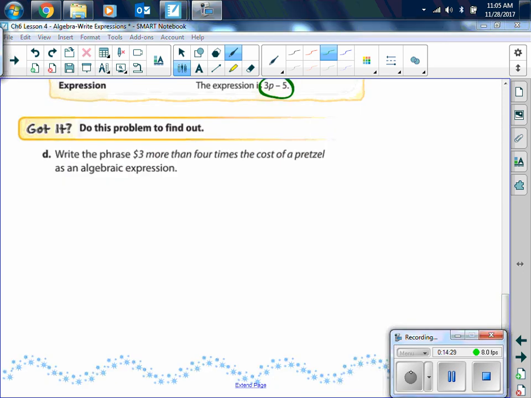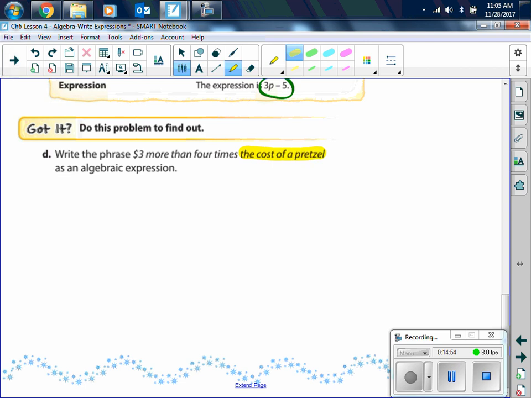Alright, so here, the got it problem, letter D, says write the phrase 3 more than 5 times the cost of a pretzel as an algebraic expression. So, once again, the first thing we want to do is define our variable. What is it that we don't know? We don't know the cost of the pretzel, right?